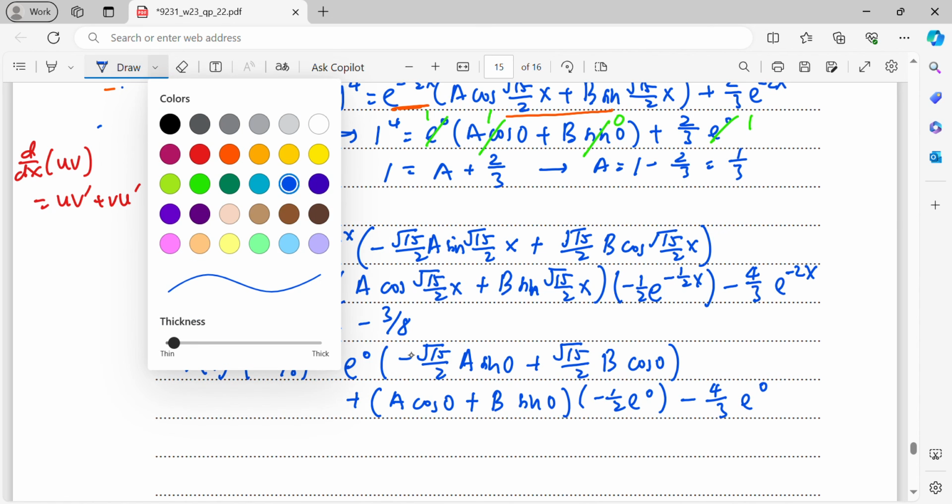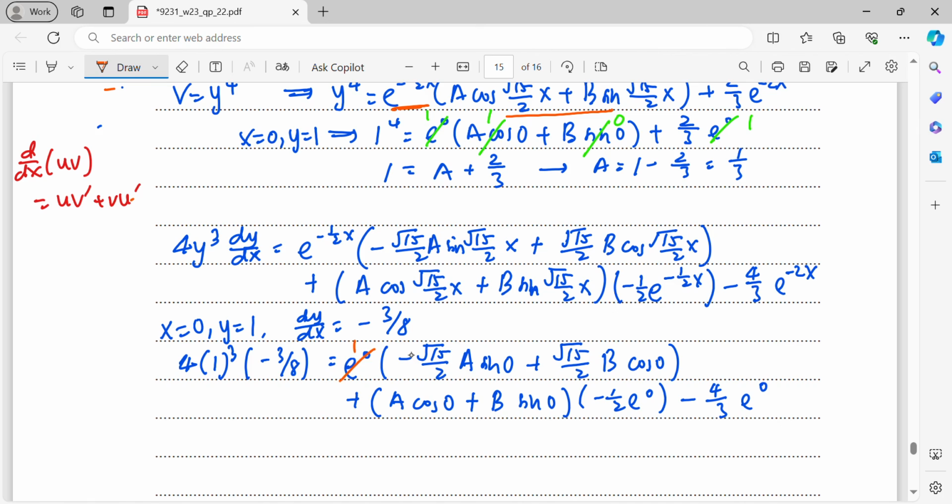Remember e^0 is 1, sine 0 is 0, cos 0 is 1. This is 1, this is 0, this is 1, here is 1.